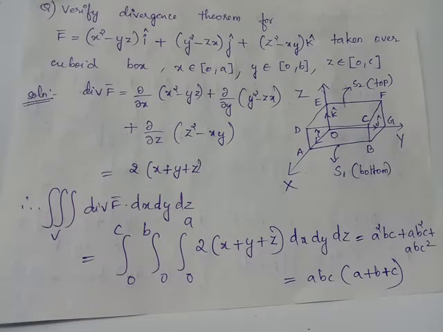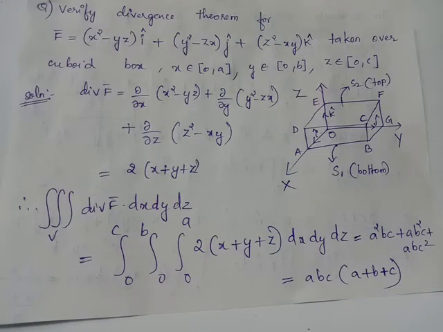This is because S5 lies in the XZ plane, and j is the unit normal perpendicular to the ZX plane. But for the surface S5, n cap equals minus j will be the required outward unit normal. If you consider n cap equals positive j, it will be the inward unit normal. Since we are looking for the outward unit normal, the required n cap will be equal to minus j. When you consider the surface S6, which is represented using BGFC, the required outward unit normal will be n cap equals positive j.